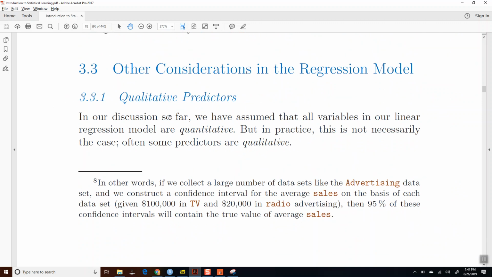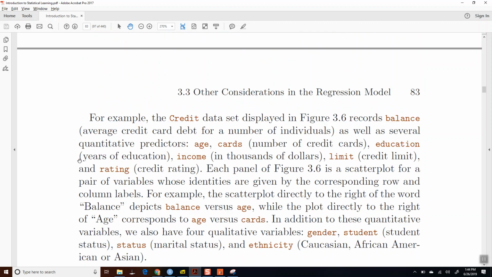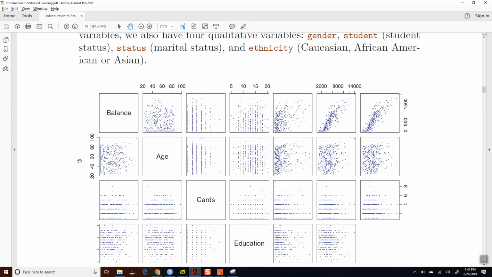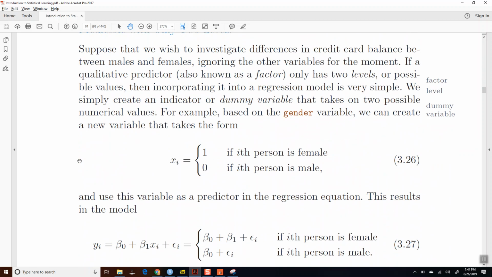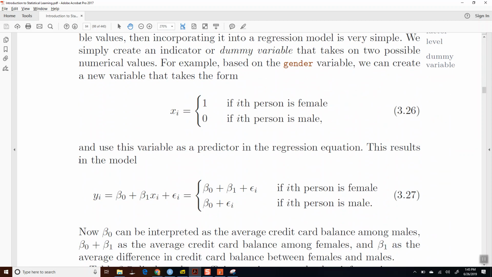One thing that we often have to deal with is using categorical variables, or here we call them qualitative predictors. A lot of times to do this, we will have to code our categorical variables into things like zeros and ones, or making dummy variables.